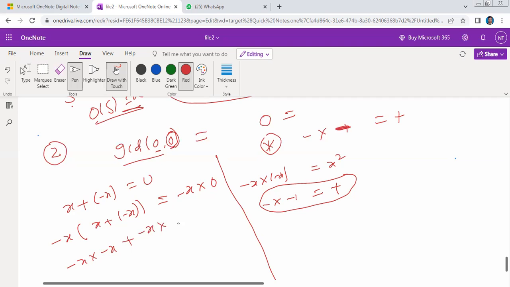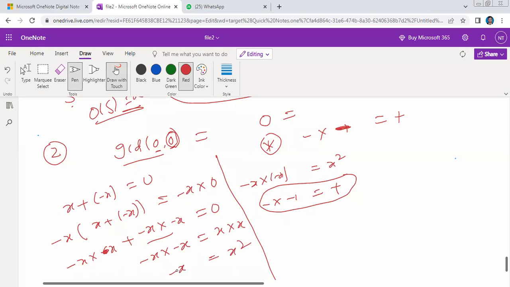Minus x into minus x is equal to 0. This is plus x. Therefore, minus x into minus x is equal to, you bring this side, x into x. Minus x into minus x is equal to x into x. This is equal to x square.